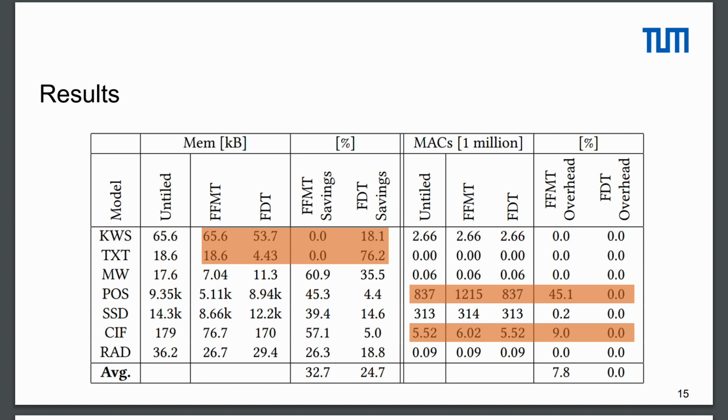For the 5 other models, we could see that the memory was actually reduced pretty decently by the fused feature map tiling. However, this introduced some performance overhead because of the overlaps I've talked about.